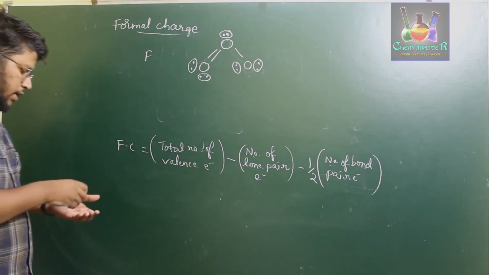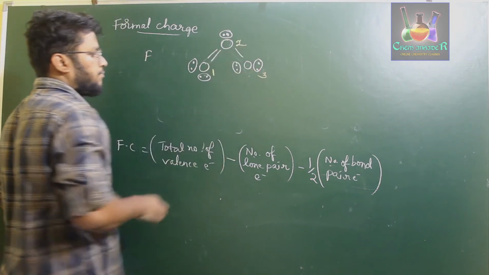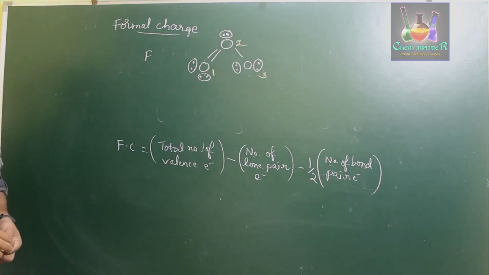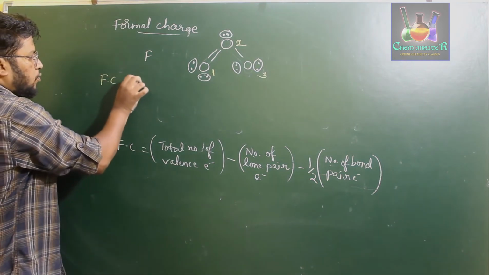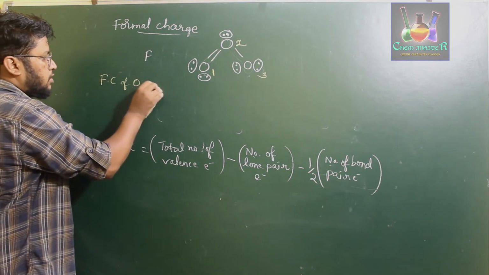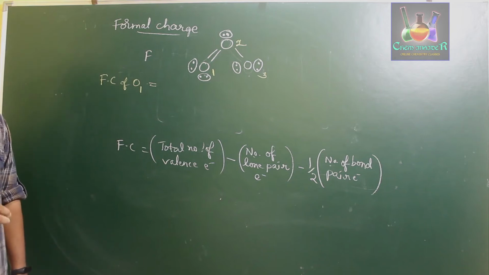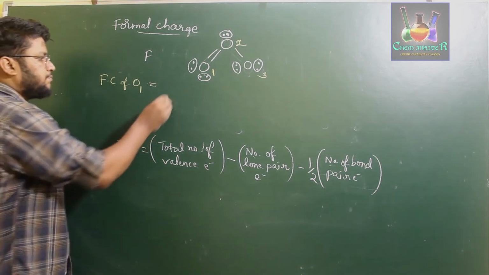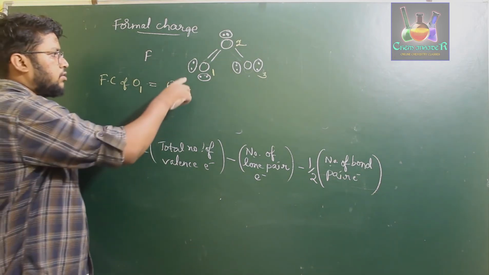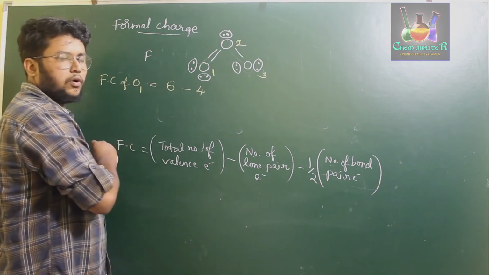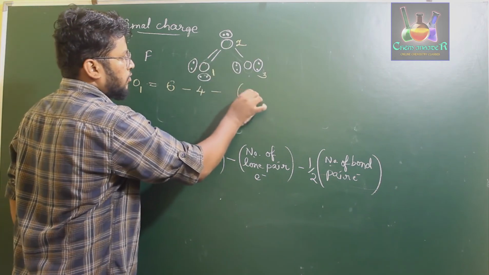Okay, so now if I name them as oxygen 1, oxygen 2 and oxygen 3, let us calculate the formal charge of each oxygen. For the formal charge of oxygen 1, the total number of valence electrons in an oxygen is 6, so 6 minus the number of lone pair electrons, which is 4, minus half of the total number of bonding pair electrons.